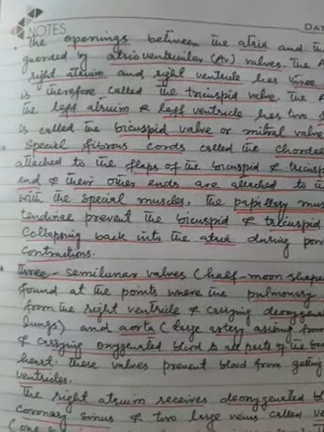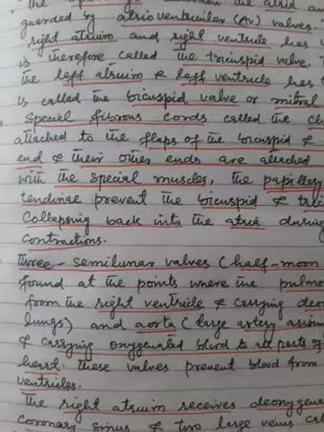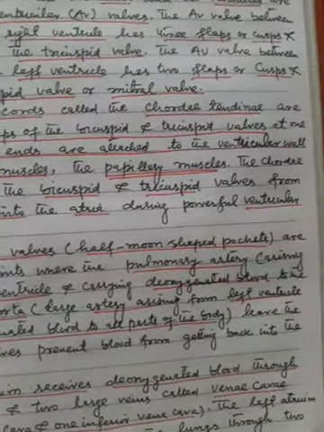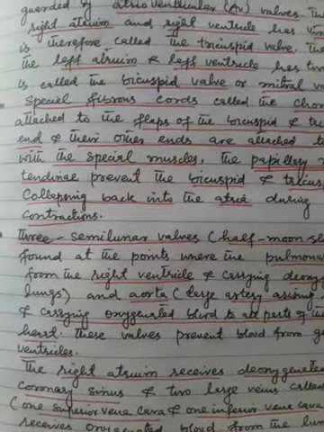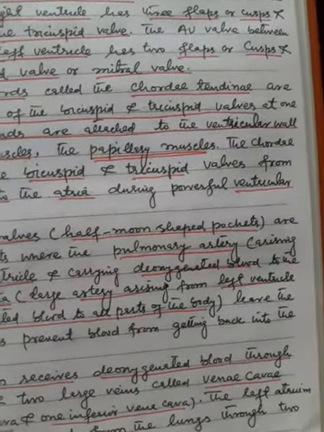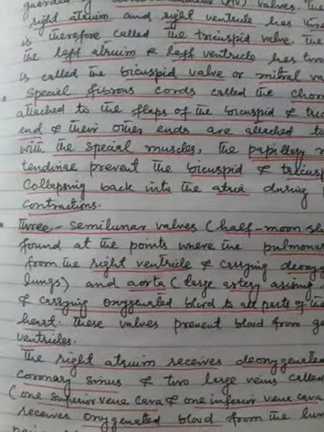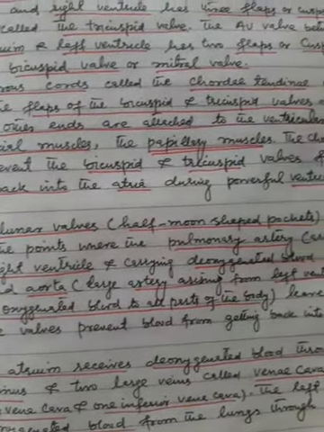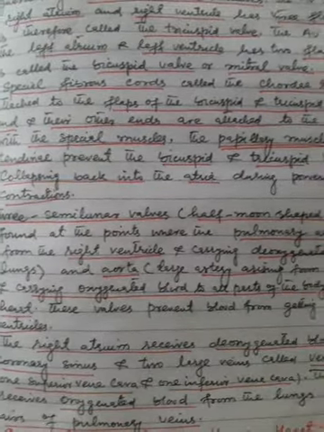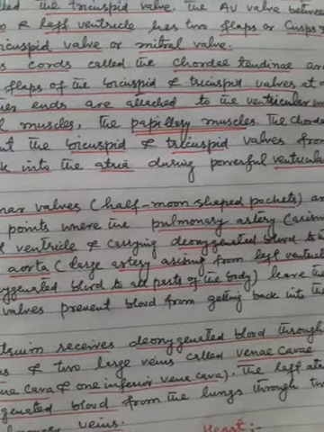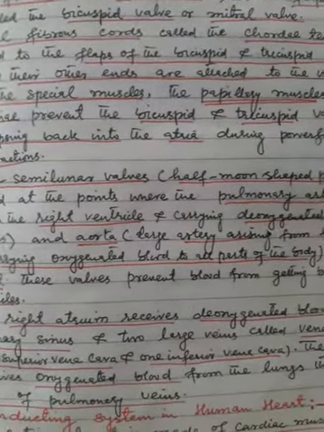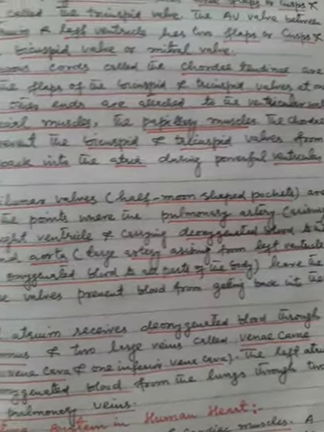ventricular contractions. Three semilunar valves, that means half-moon shaped pockets, are found at the points where the pulmonary artery, arising from the right ventricle and carrying deoxygenated blood to the lungs, and the aorta, a large artery arising from the left ventricle and carrying oxygenated blood to all parts of the body, leave the heart.